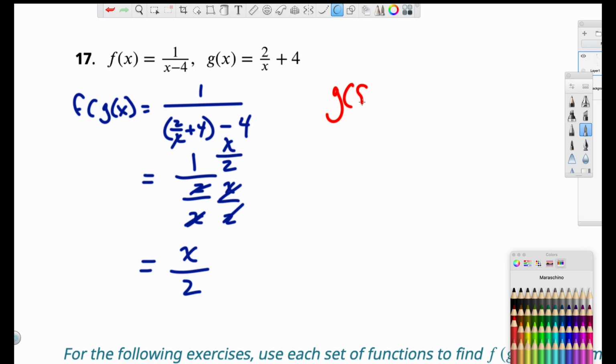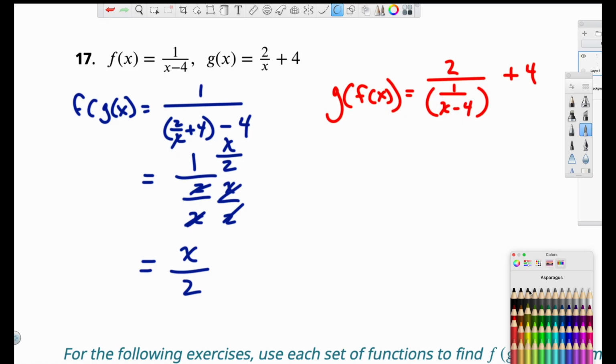g of f of x. Let's take my g function here. Instead of x, I'm going to write parentheses. And now I'm plugging in the output for f of x, which is 1 over x minus 4.